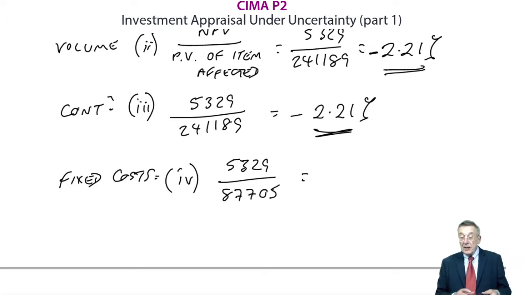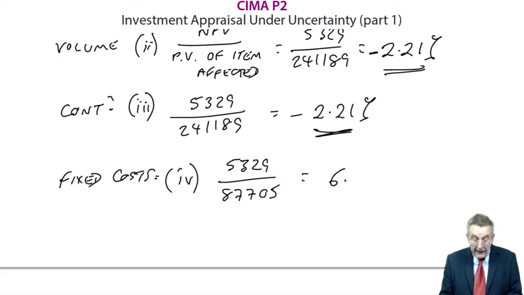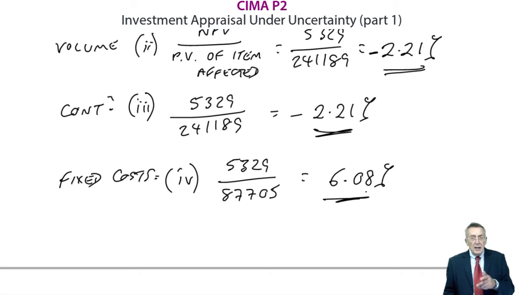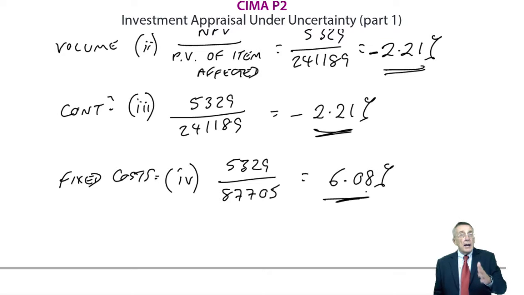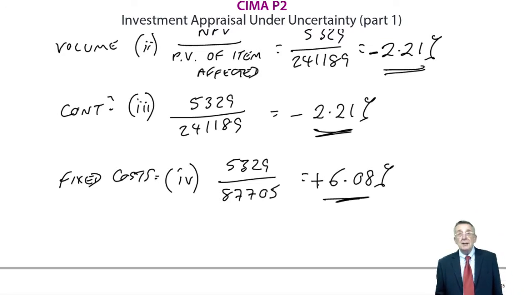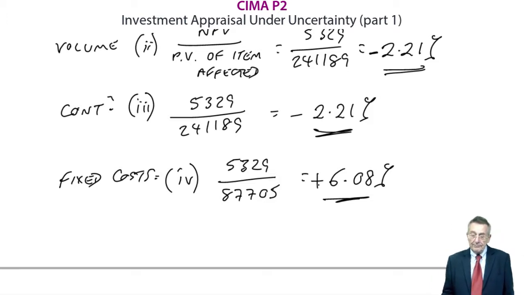In percentage terms, this time I get 6.08%. And which way possibly? This is a cost. So I'm only worried if costs go up. It's plus 6%. Again, if the fixed costs were to fall, the project gets even better.